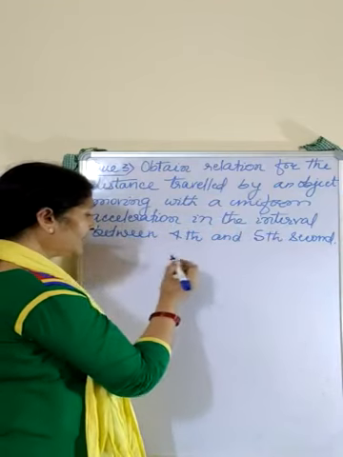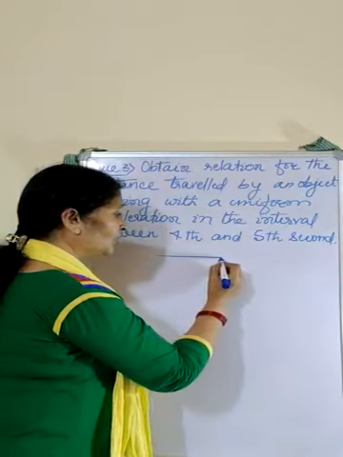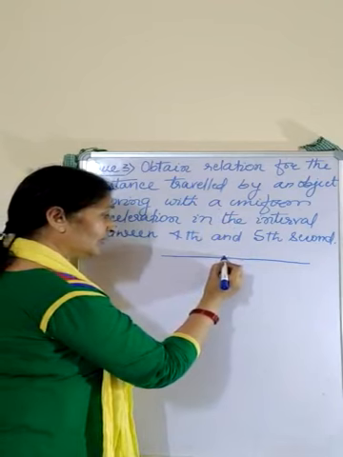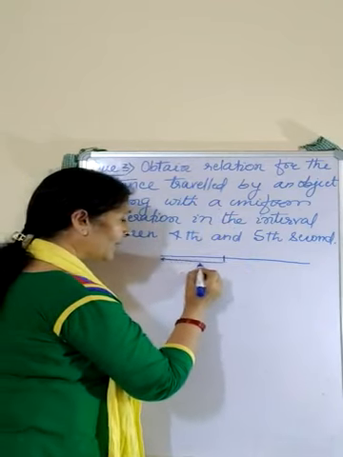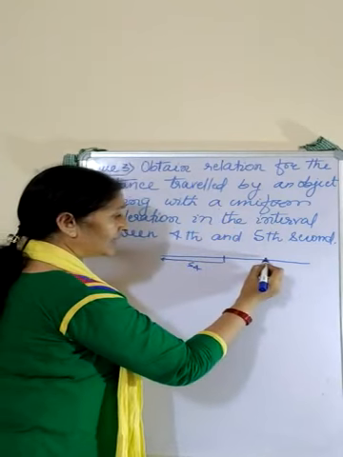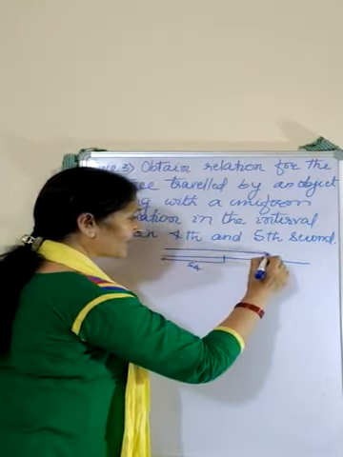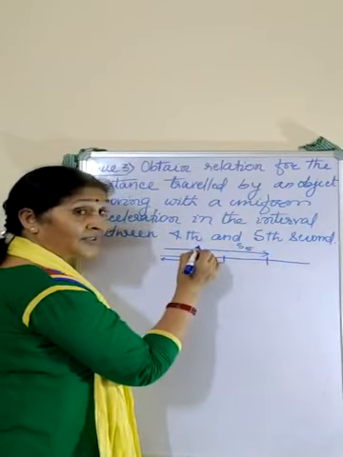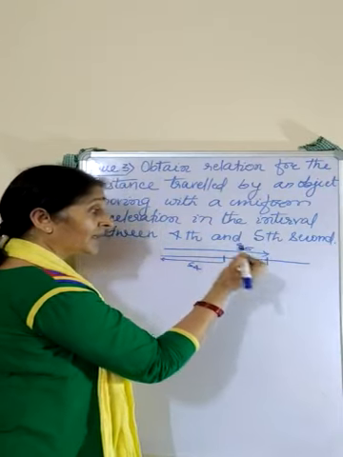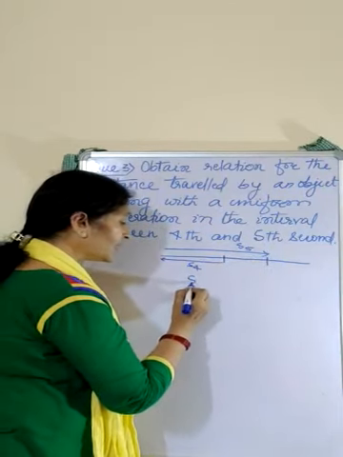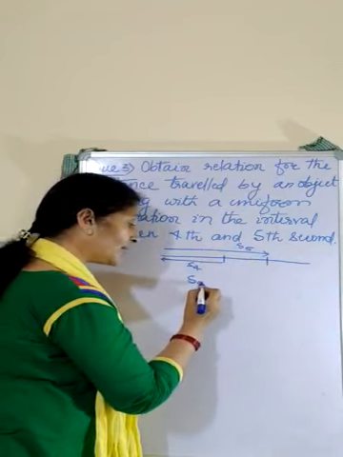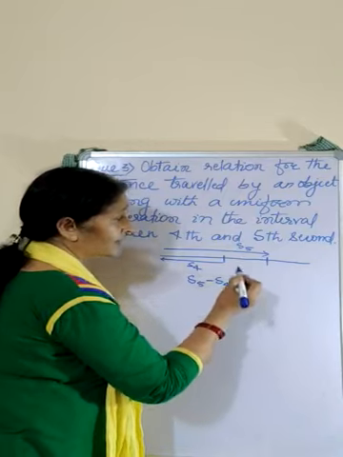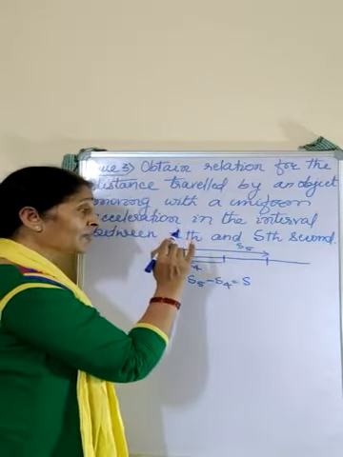It means if the object is moving on this path and covered this distance in 4 seconds and this distance in 5 seconds, then the distance travelled between the 4th second and 5th second will be the distance travelled in 5 seconds minus the distance travelled in 4 seconds.